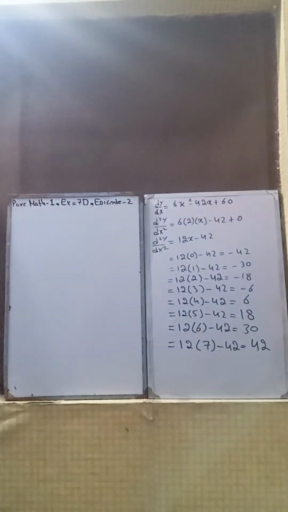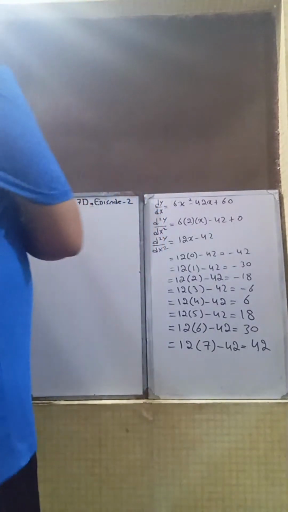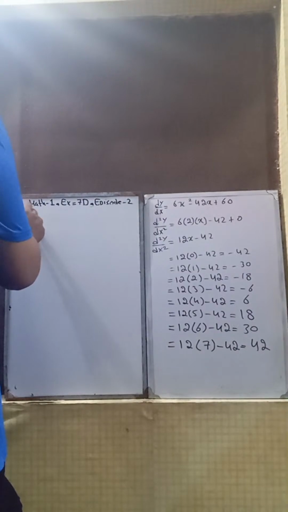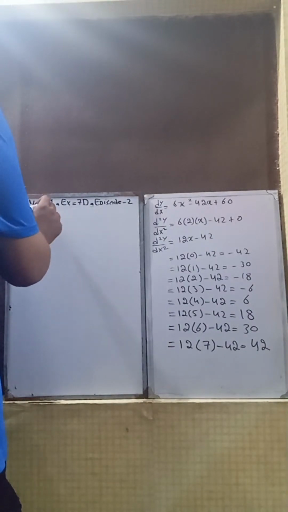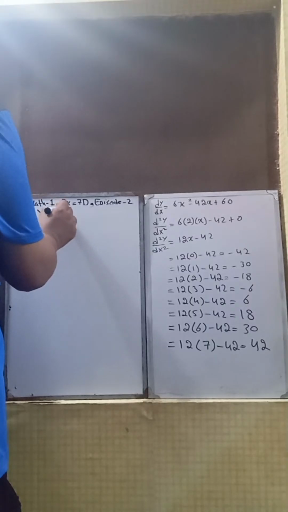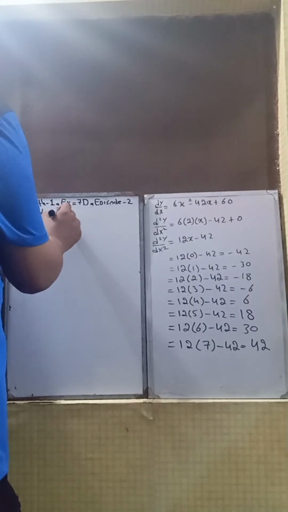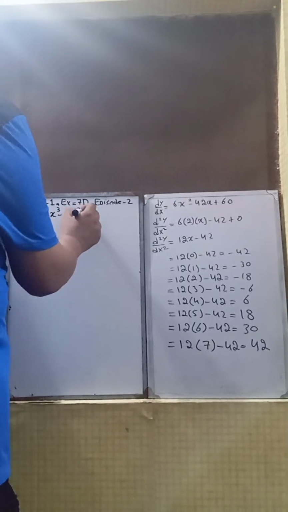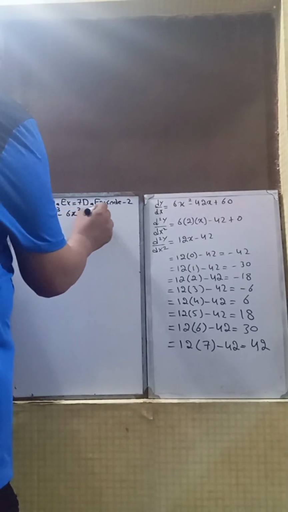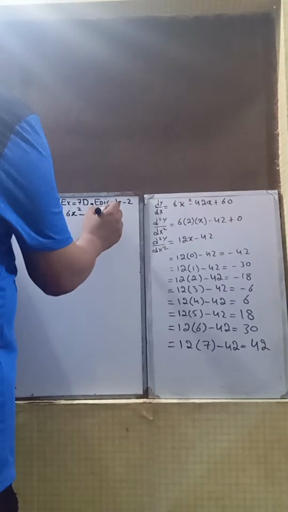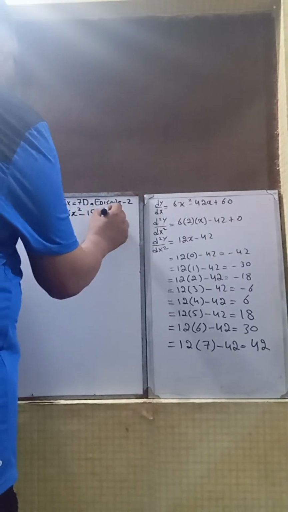In question number 8, they say the curve has an equation. It says a curve has an equation x cubed minus 6x squared minus 15x minus 7.